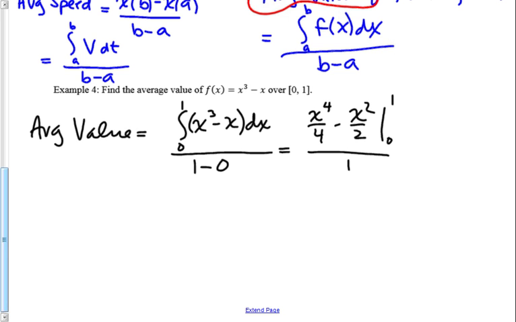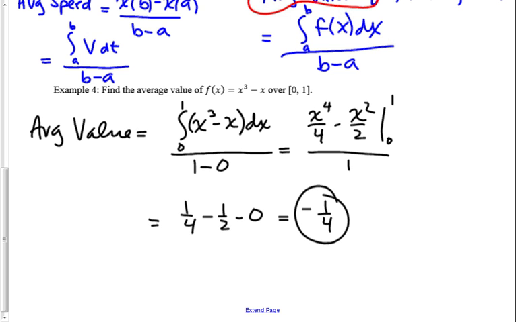I don't need to write that 1 anymore. And so this comes out to be 1 over 4 minus 1 over 2 minus 0, which is just negative 1/4. So the average value of that function between 0 and 1 is negative 1/4.